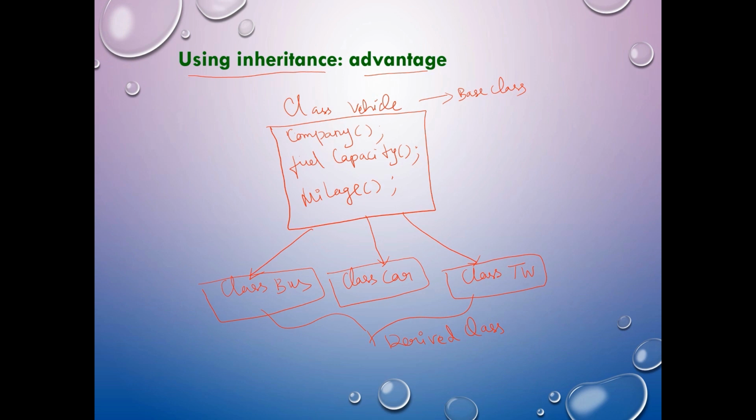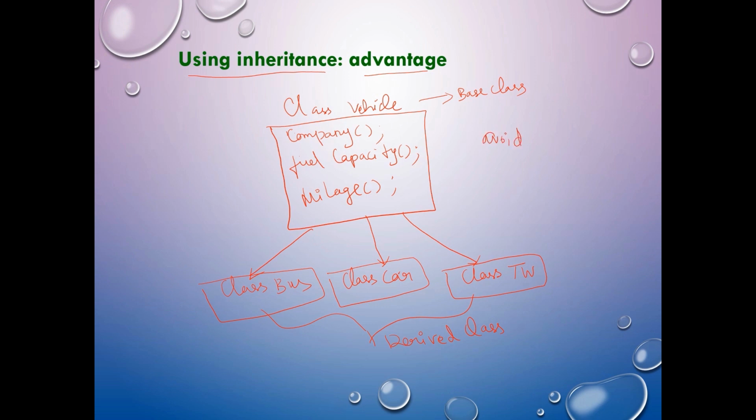Whenever bus needs these 3 properties, it will derive them from the base class vehicle. Whenever the car needs these properties, it will derive them from vehicle, and whenever the two-wheeler needs these properties, it will derive them from vehicle. What is the advantage here?